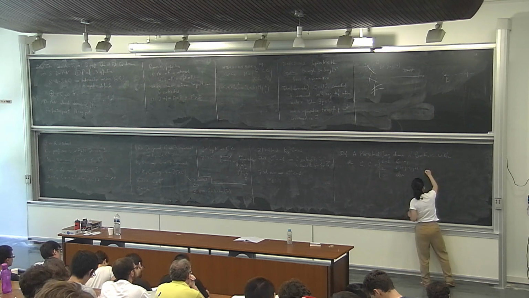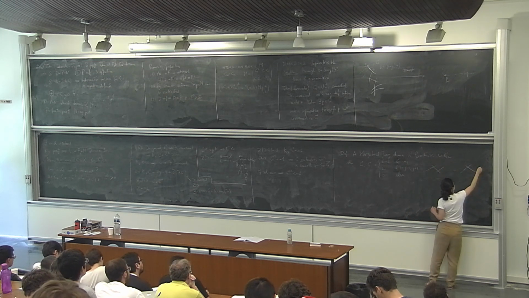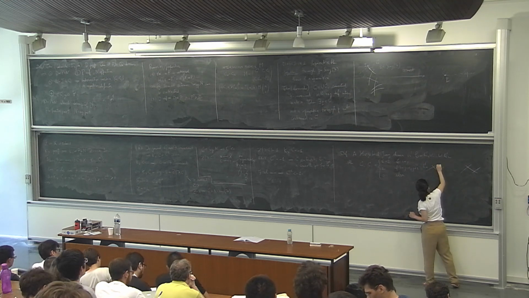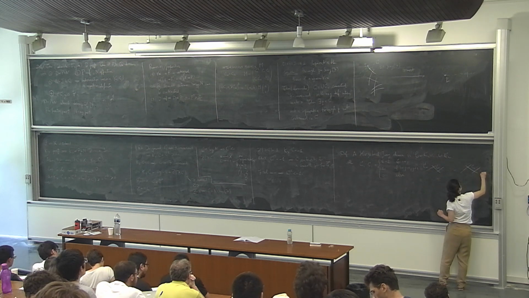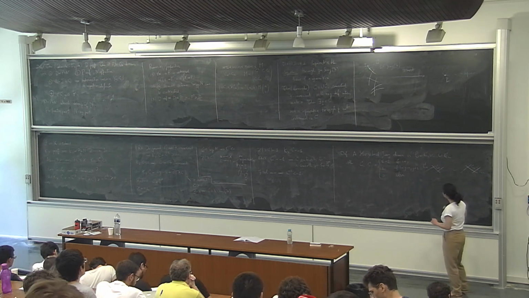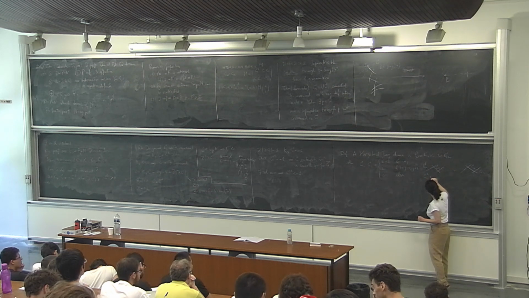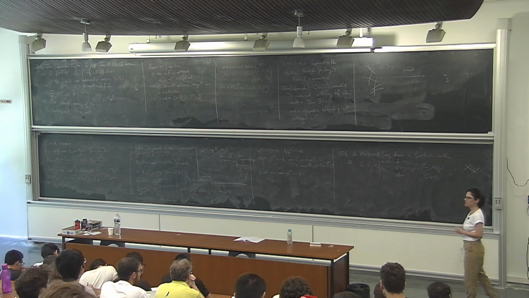So this is a complicated way of saying that there is a labeling of the components such that the curve is a chain, and every self-intersection is less than or equal to -2.